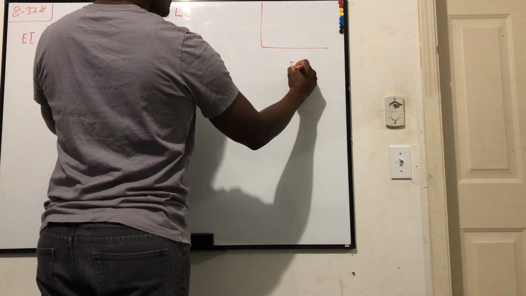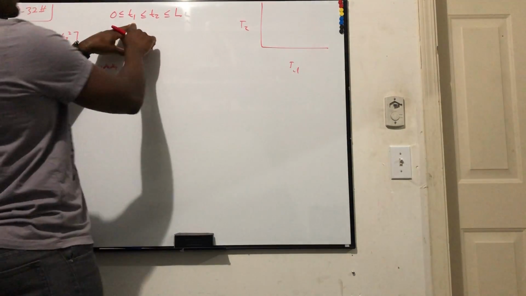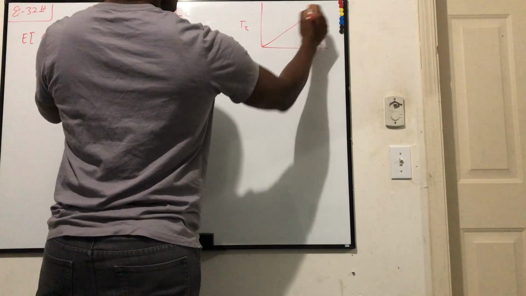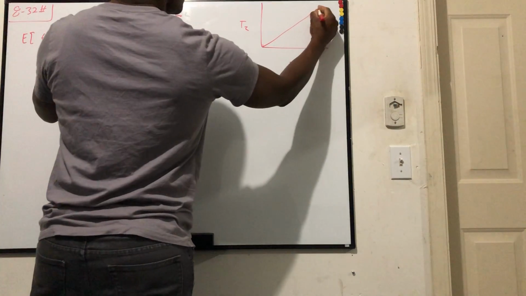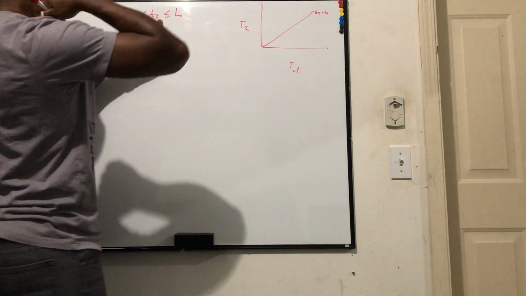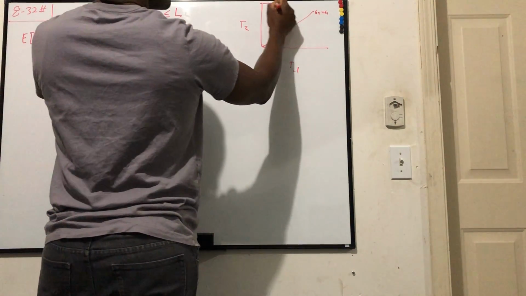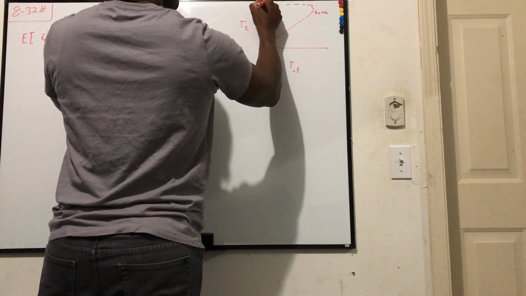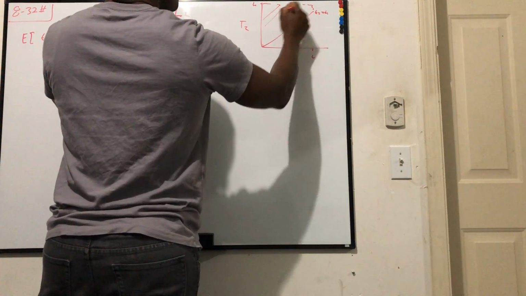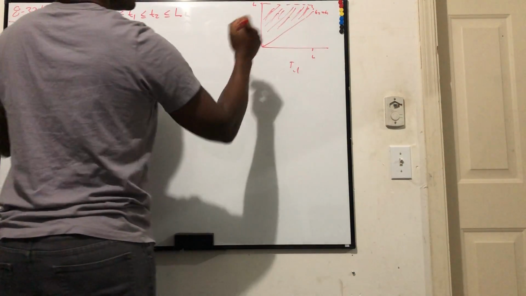We'll call this T1 and this T2. And we see that they're equal, T2 is equal to T1. And we're looking for the region where T2 is under L. We'll call this L. So we're looking for this region right here, this triangle right here.